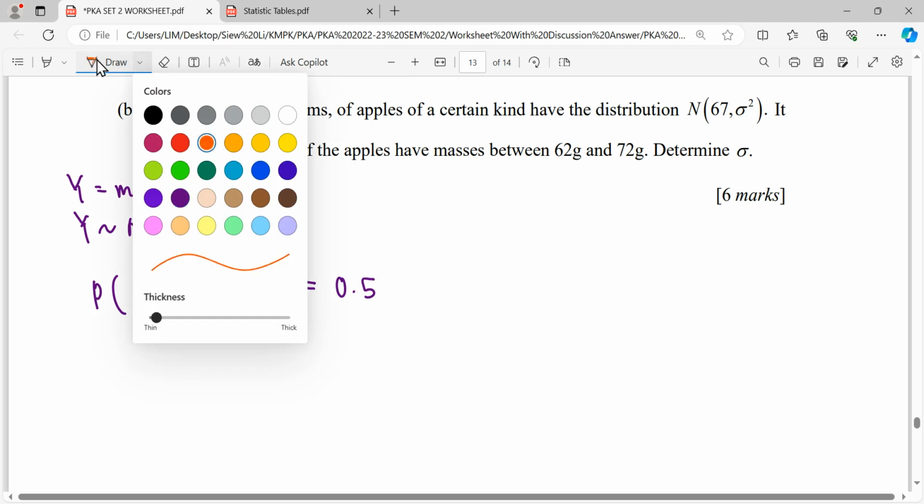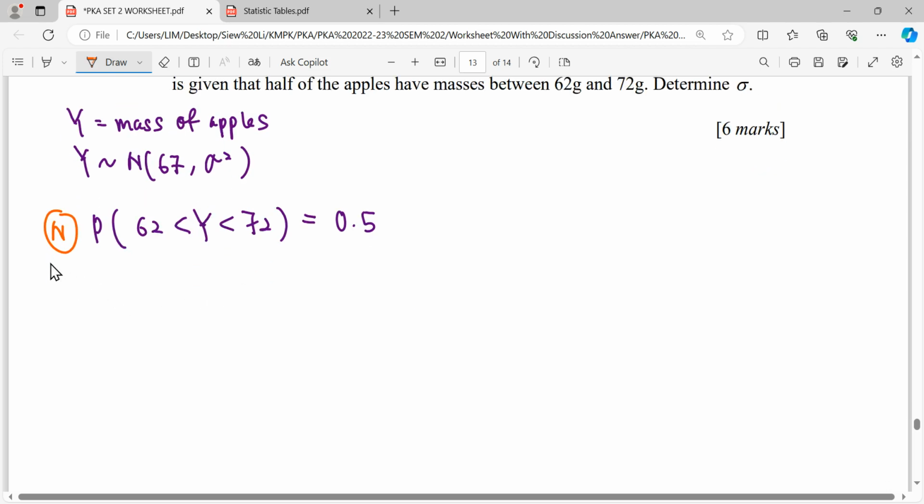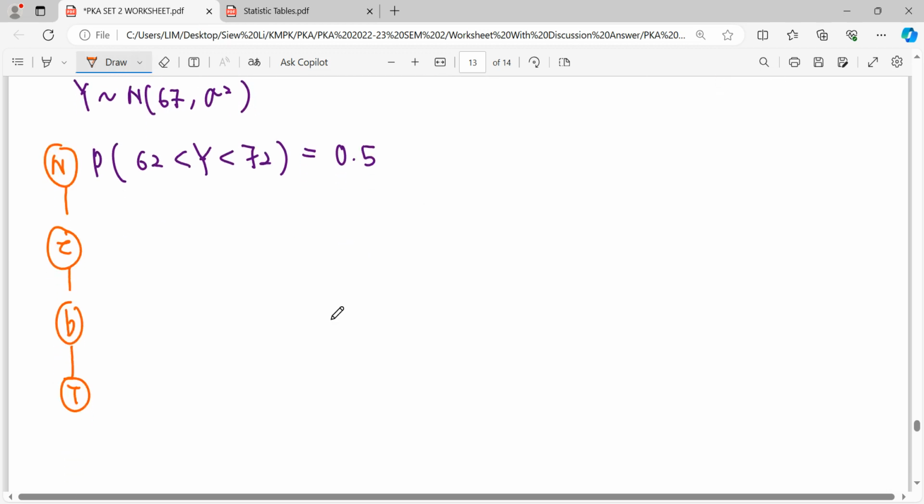To start this question, we identify the situation or status of normal, then follow through the procedure. Normal will need to change to Z, then draw the graph and read from the table to get the answer. Change to Z: 62 minus 67 over standard deviation sigma.